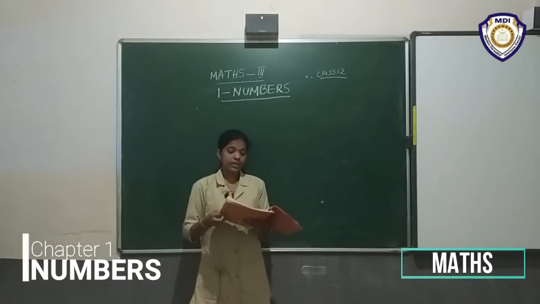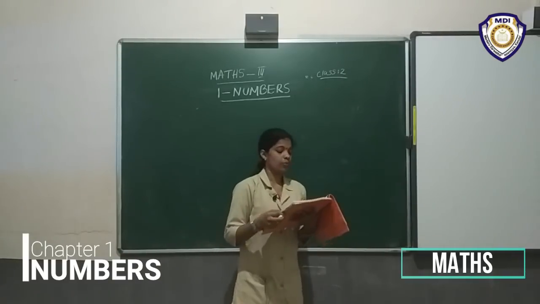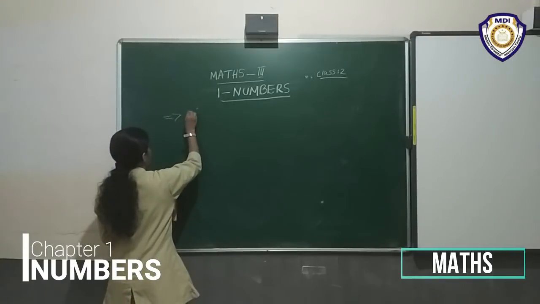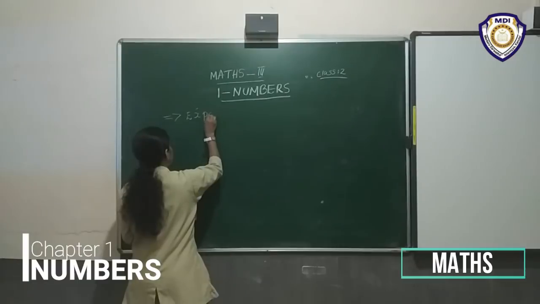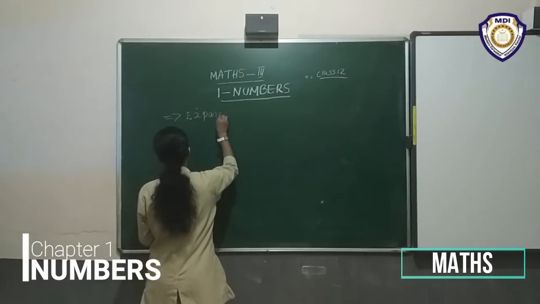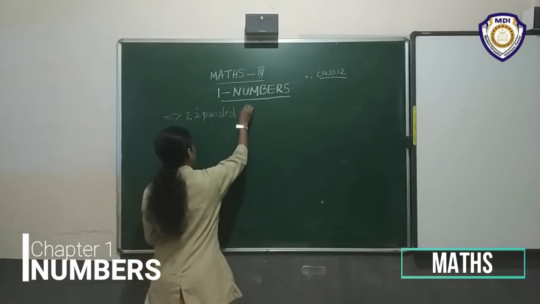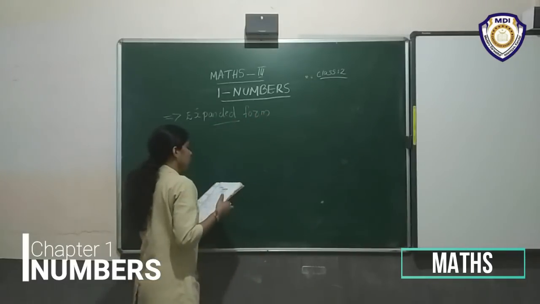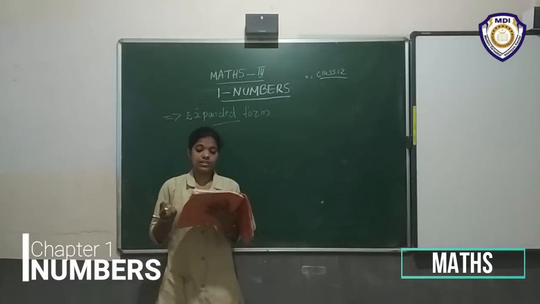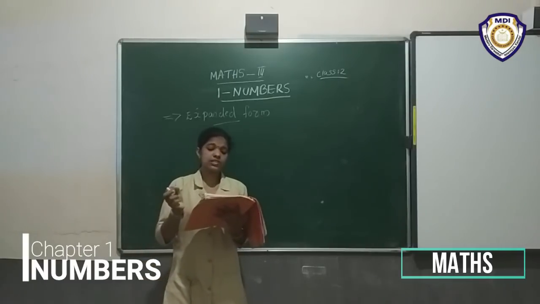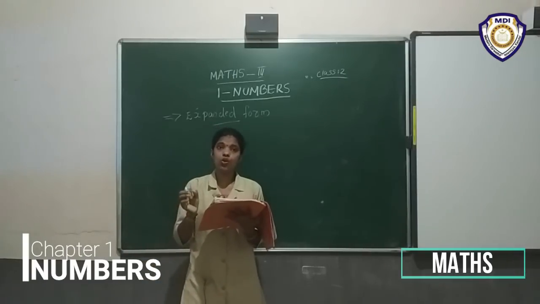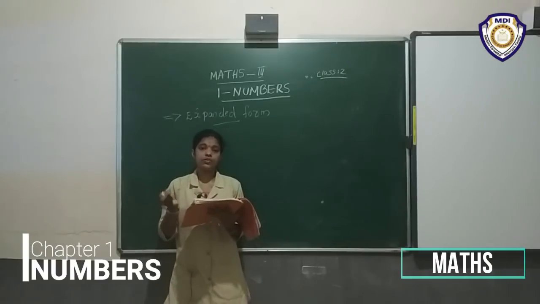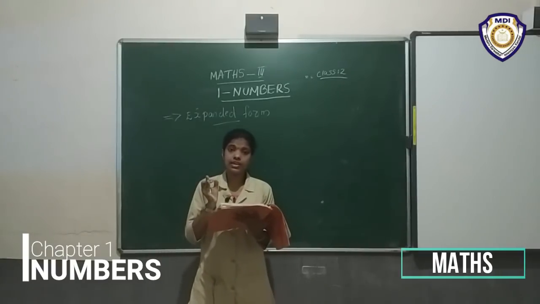Our next topic, expanded form. To write a number in the expanded form, we must first find the place value of each digit.